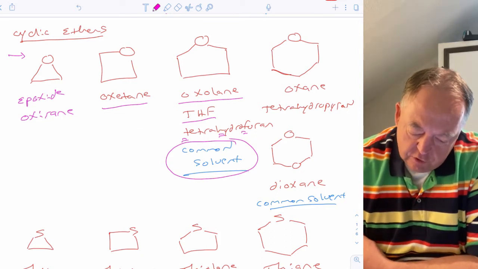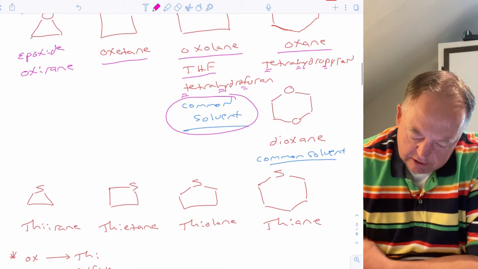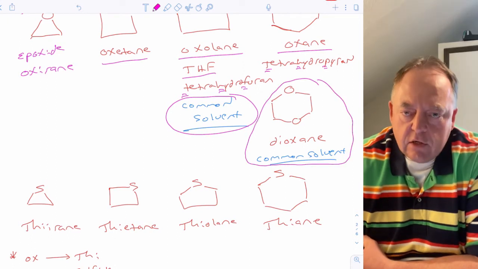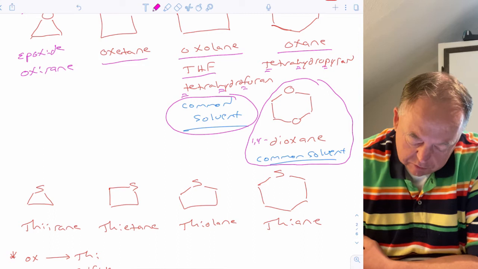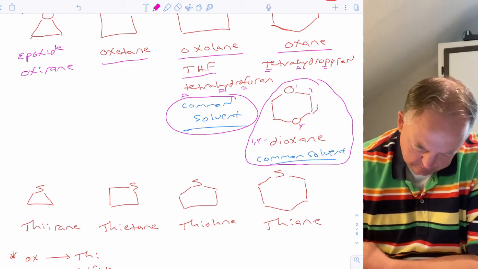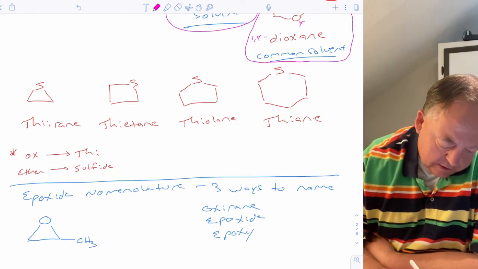And the 6-membered ring ether is what's called an oxane. This one's called tetrahydropyran. And then you see this ether sometimes, well, this is a common solvent in organic chemistry as well. That's called dioxane, or more specifically 1,4-dioxane. So the sulfur versions, basically just take the ox at the start and change it to thi.